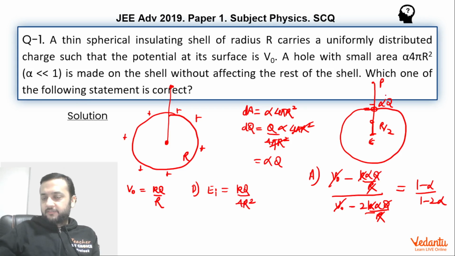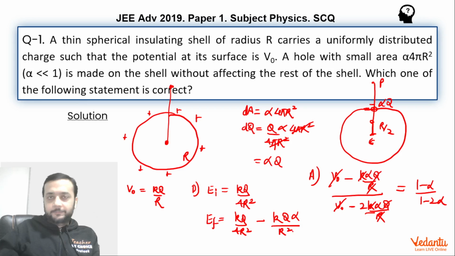Now finally the electric field, again we can write, due to whole shell and due to this minus Q. So E final will be KQ by 4R square, that will be due to the whole shell, and due to minus Q will be K alpha Q divided by this distance, which will be R. So this will be R square, correct?